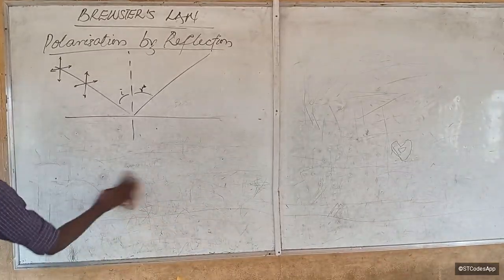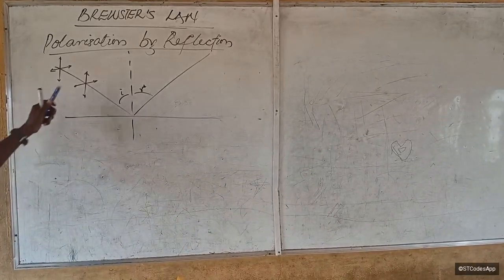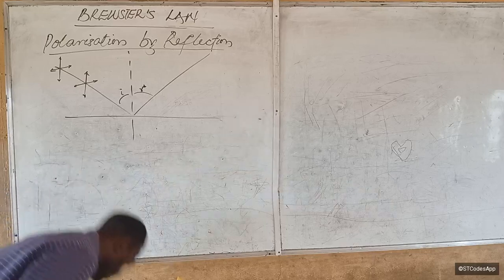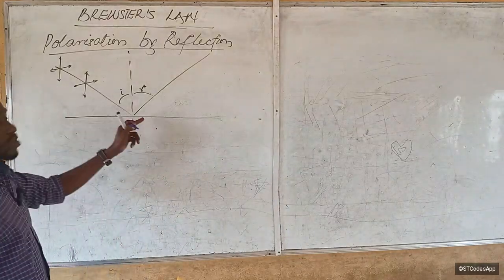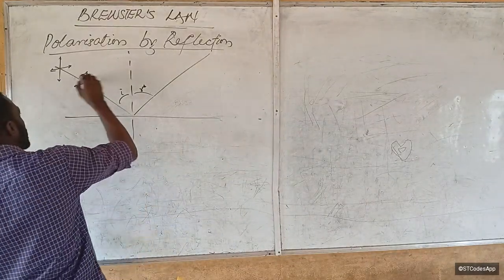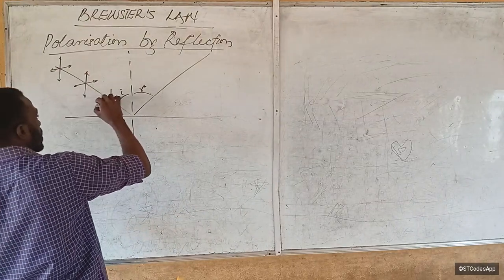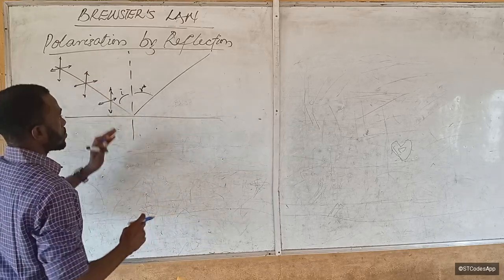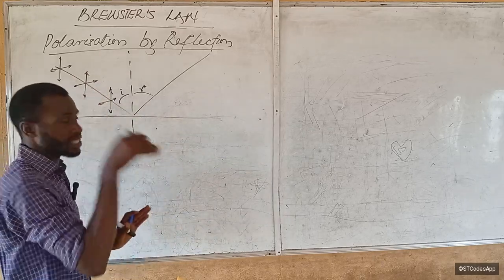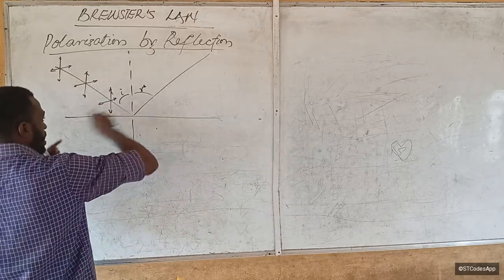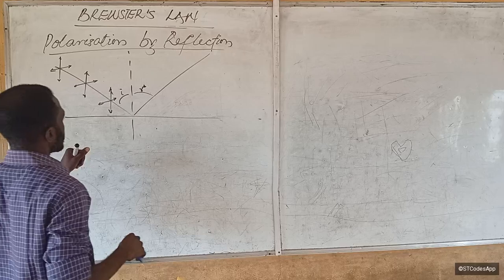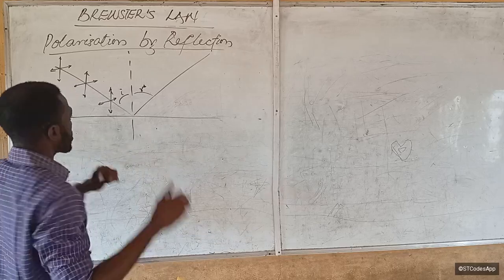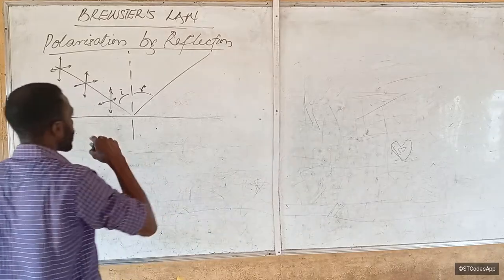Now if we have a wave like this, by the time this wave strikes this surface, let me represent these ones. Then of course it gets here. The ones that are going up in the y-axis, let's represent them with lines. The ones in the x-axis in this direction, let's represent them with dots or stars.